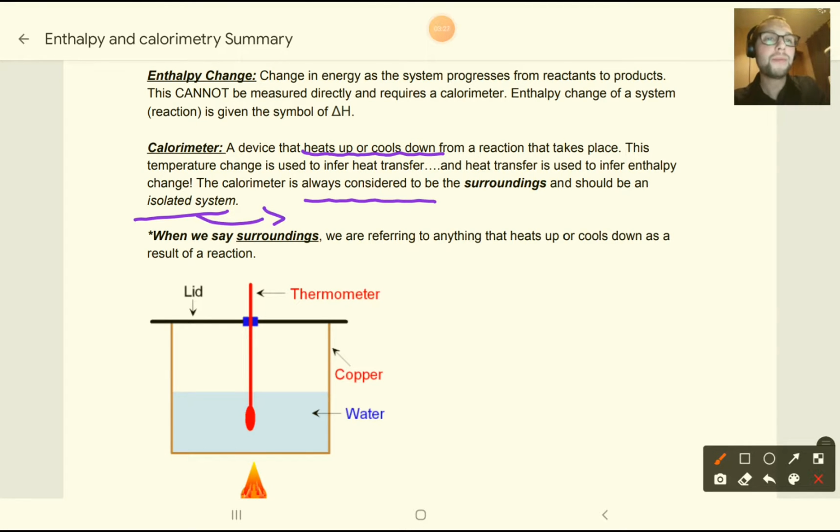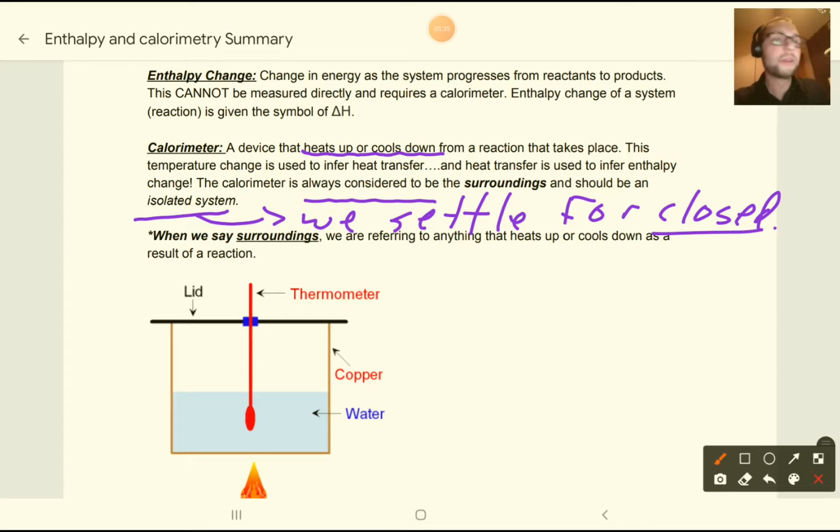However, we settle for a closed system. It has a lid. We don't want any gases or heat escaping as much as we can. We don't mind heat entering the calorimeter, but we don't want it to escape.